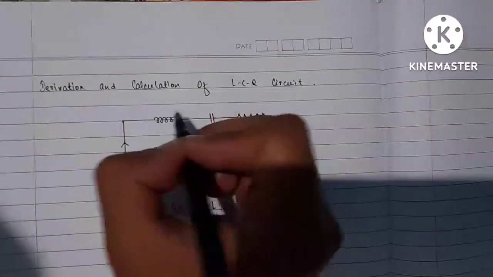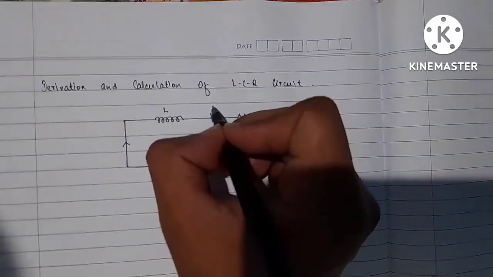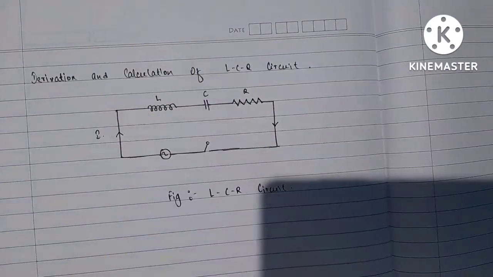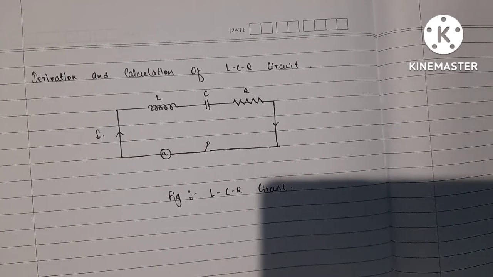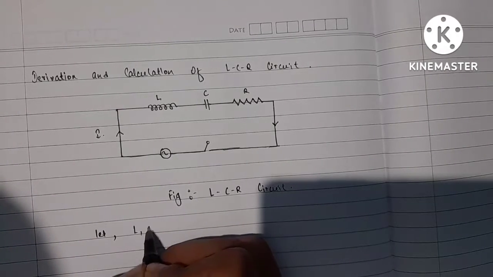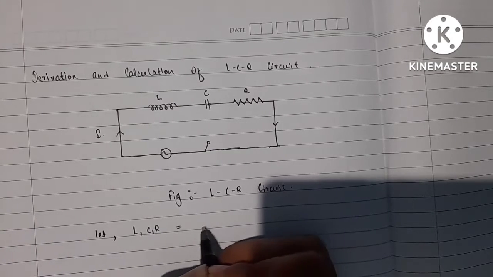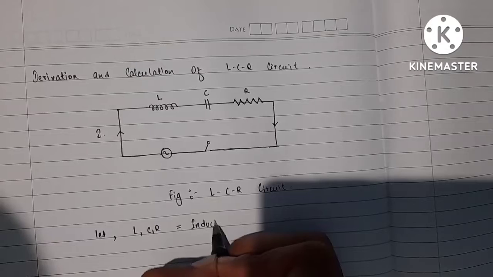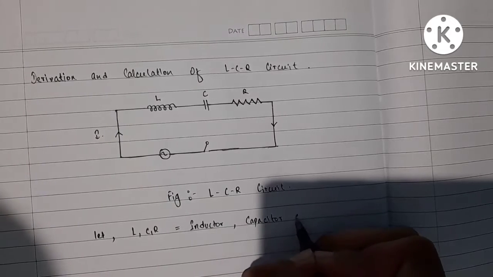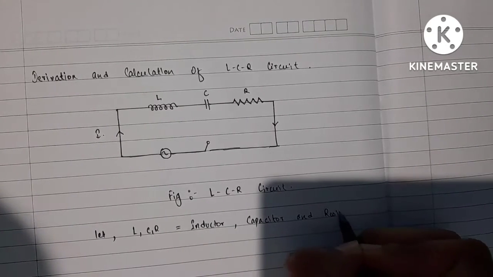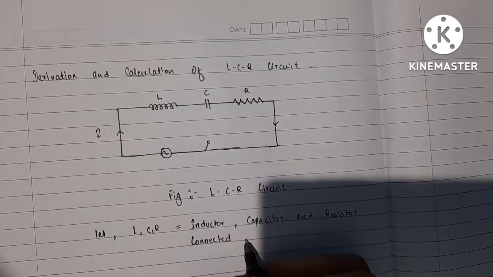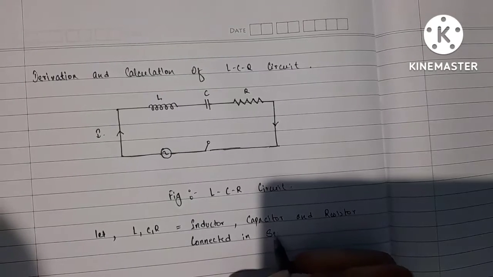As already said, this is L, this is C, this is R, and this is I. Now let us consider the inductor, capacitor and resistor connected in series combination.